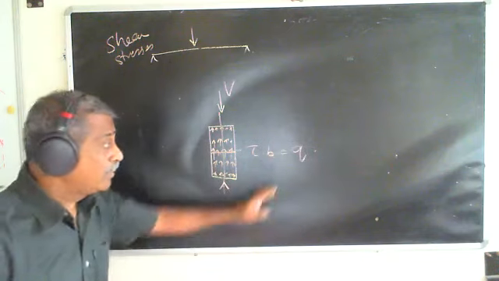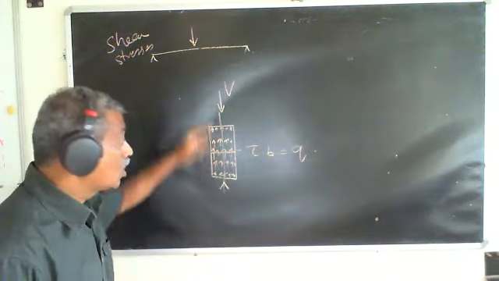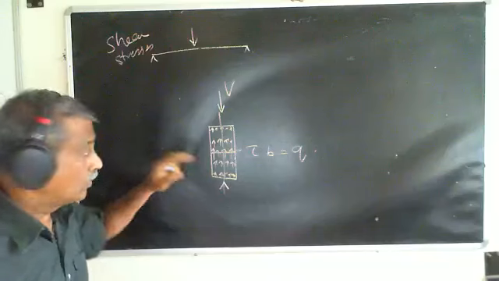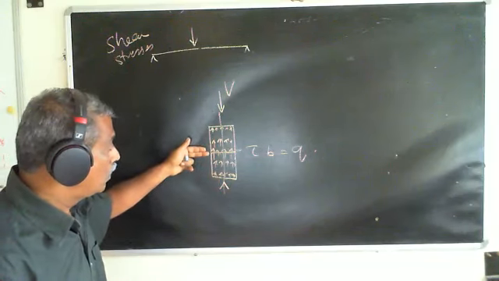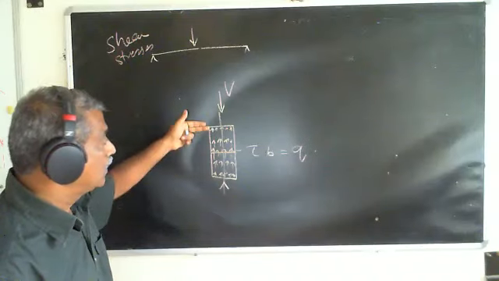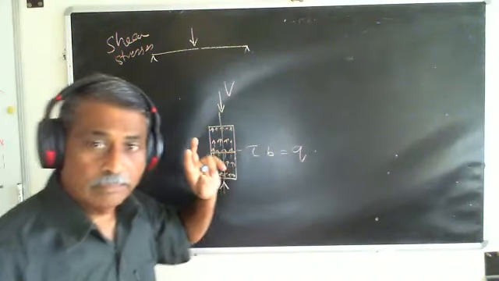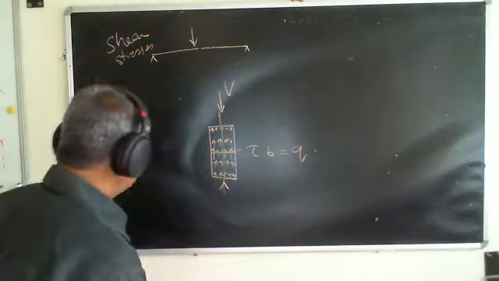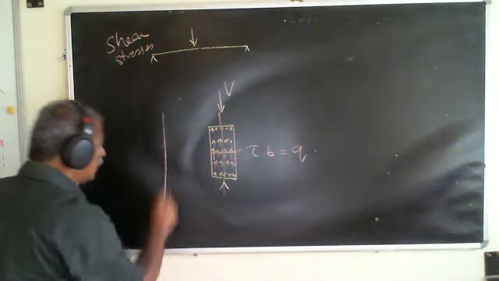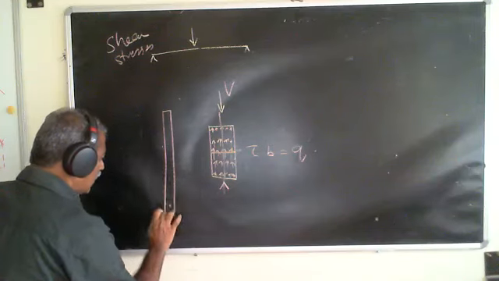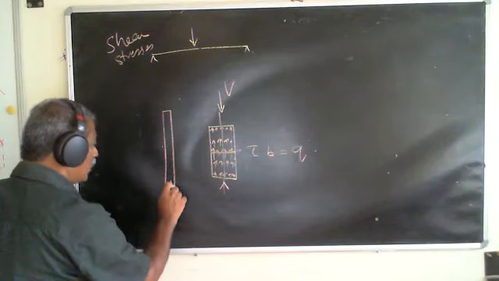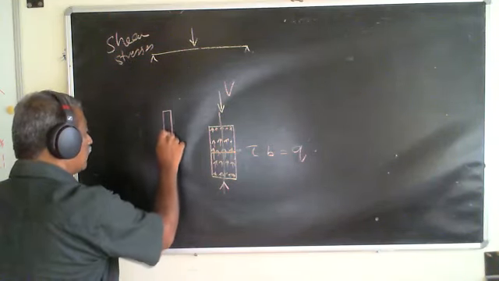Remember, this Q is not a constant throughout. It is varying as you move from one point to the other, from the center till the end. Okay. As I make it thinner and thinner, it will become something like this. Correct. I can just use one single arrow and say, okay, this is how it is.